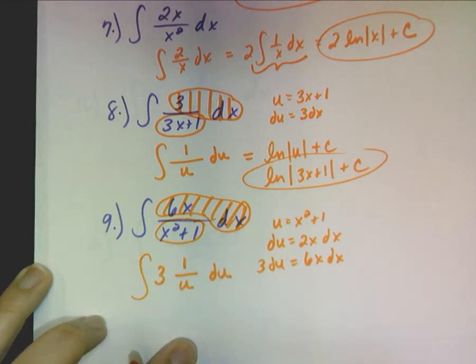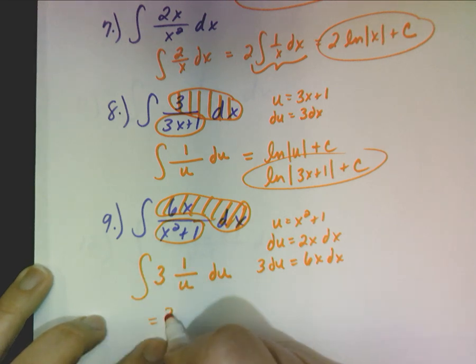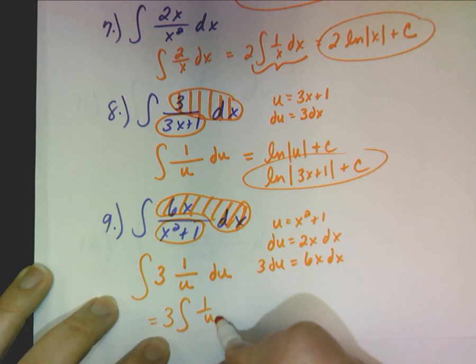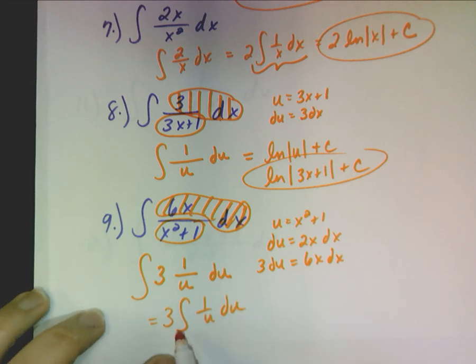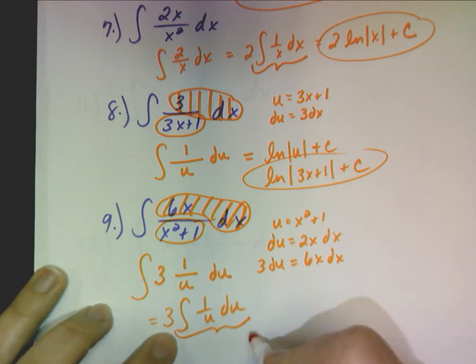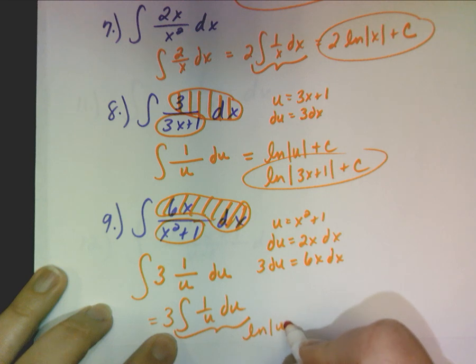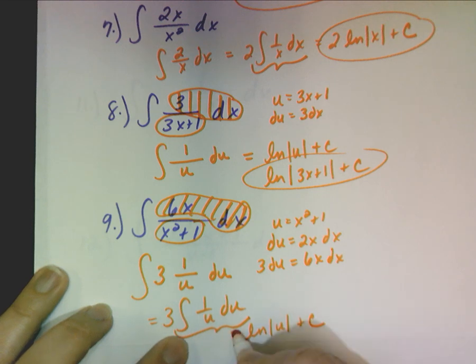And now you integrate. So what would happen? Well, that 3 would kind of come outside. This right here is the same as the ln of u plus c, and then you multiply by 3.